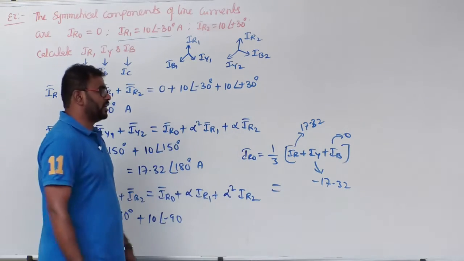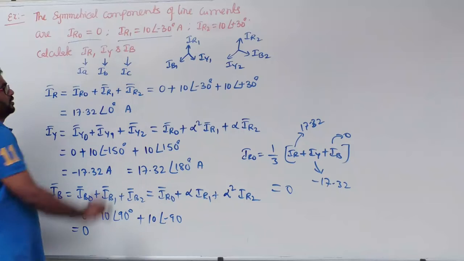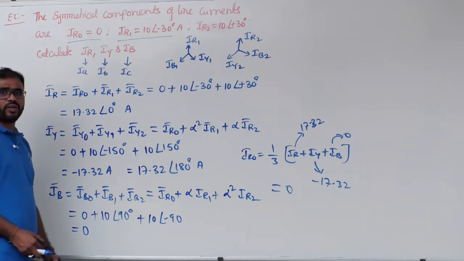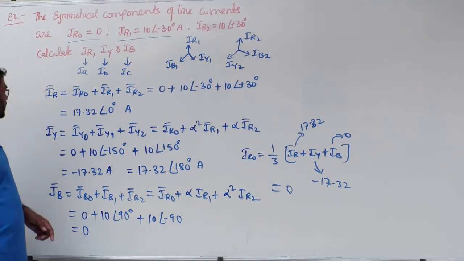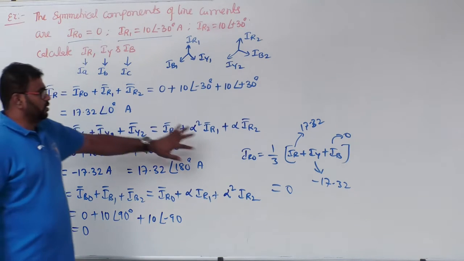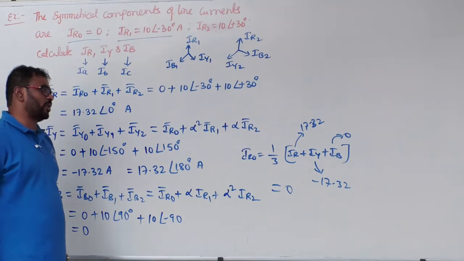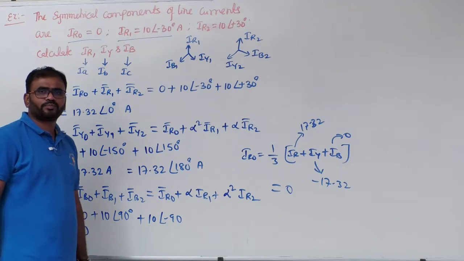So finally IR0 is also 0. We got the same thing. That's how we can cross verify. Since we got IR, IY, IB, if you have any doubt whether your answer is correct or wrong, we can cross verify using this formula, IR0 equals one-third times IR plus IY plus IB.